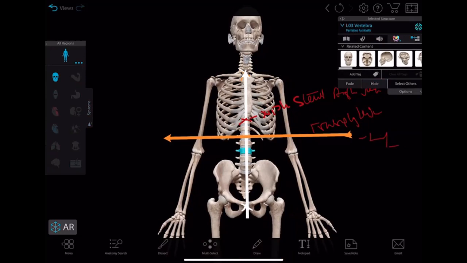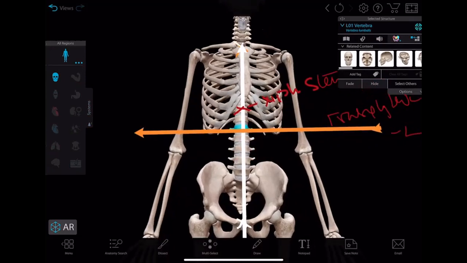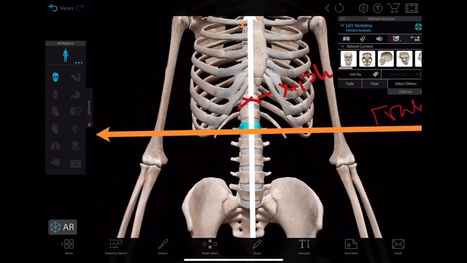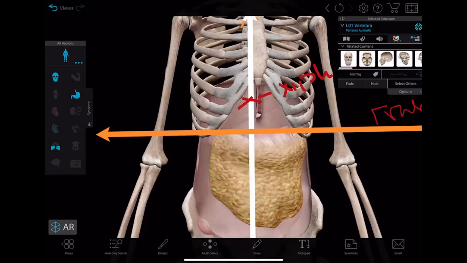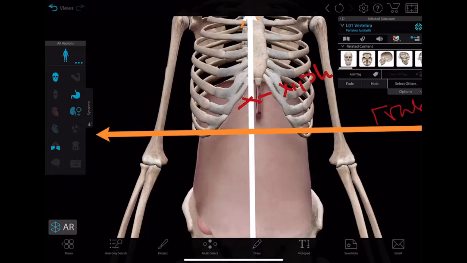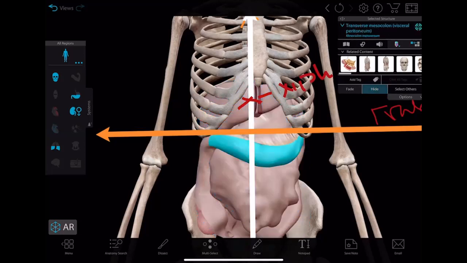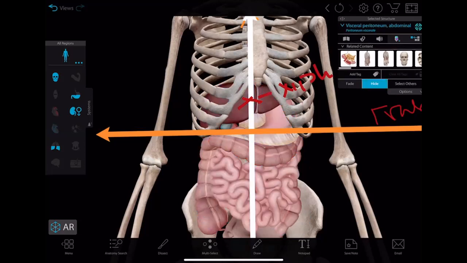That is L3, that is L2, this is L1, right? You see the structure, that is L1, right? So the transpyloric plane is at the L1, and let me show you something. It has the pyloric end of the stomach, right?